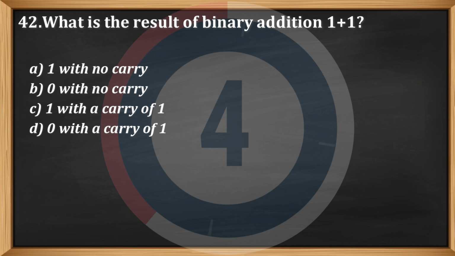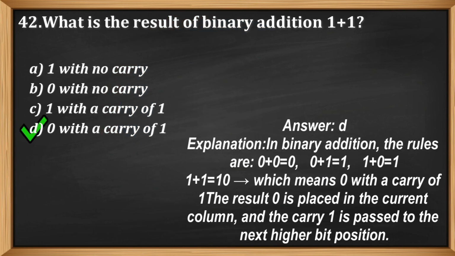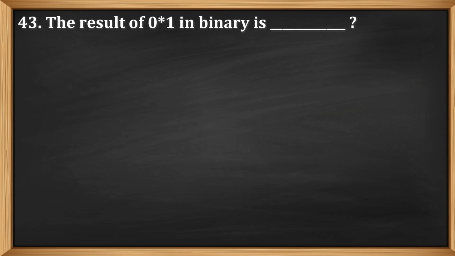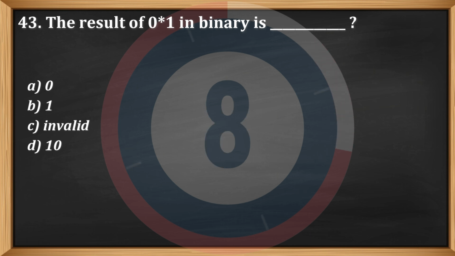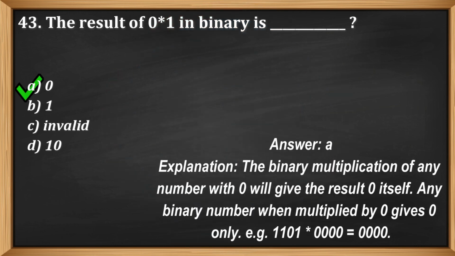What is the result of binary addition 1 plus 1? Option D, 0 with a carry of 1. The result of 0 into 1 in binary is option A, 0.